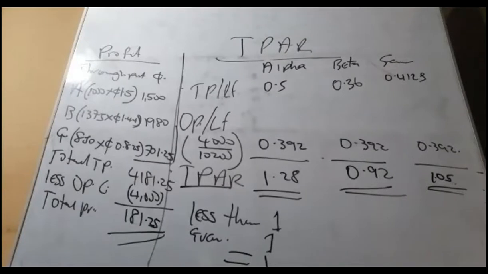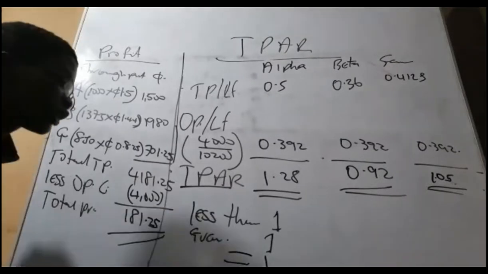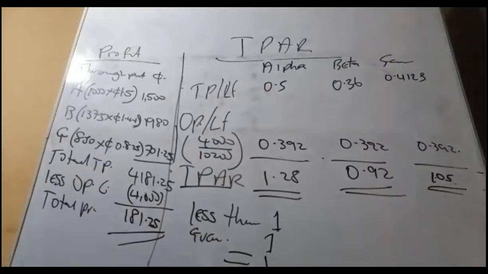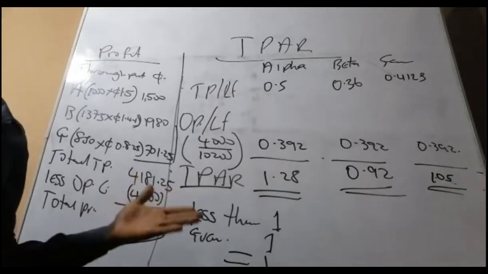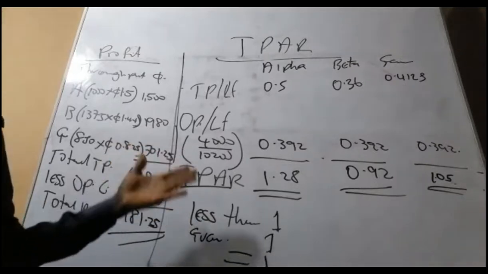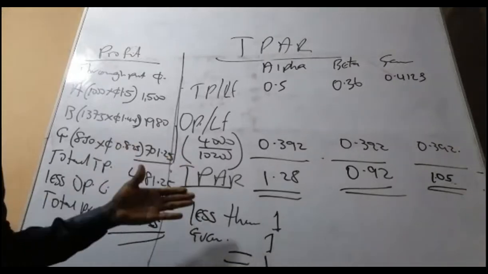So there's a last topic in throughput that suggests that we should find ways of what? Increasing the throughput. If your throughput accounting ratio is less than 1, for instance, bringing it here, alpha and gamma are more than 1, so they are profitable. Their returns are more than what? The operating cost for alpha and gamma.